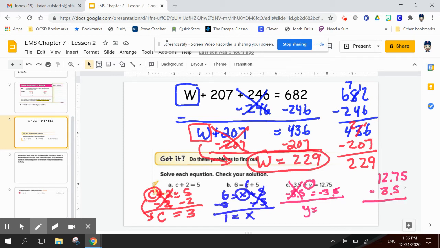Notice that I can add a 0 there to hold that place value and subtract. 5 minus 0 is 5. 7 minus 5 is 2. Decimal, decimal, decimal. It's very important we line up our decimals. 3 minus 2 I can't do, so I regroup. 12 minus 3 is 9. So y equals 9.25.